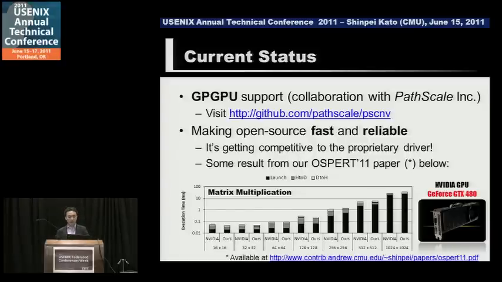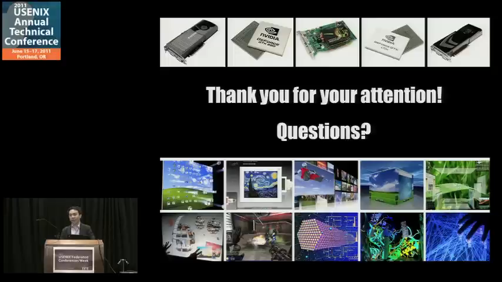If you compare our open source driver and NVIDIA's closed source proprietary driver, you don't really see a performance difference. The performance difference is limited to only 10%. So I think we are ready to use this kind of open source software stack for the research community. If you are interested in these open source solutions, please visit our paper, which is currently available online. That's it. Thank you very much.